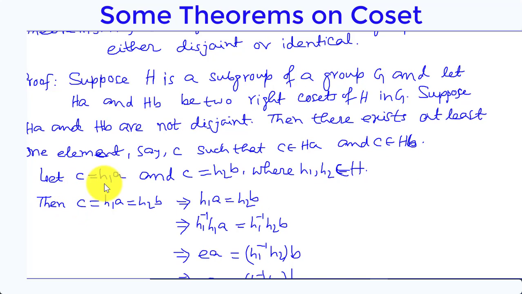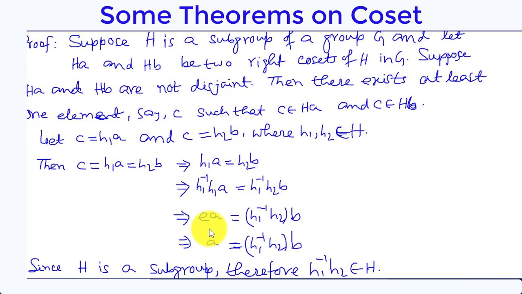Let c is equal to h1a and c is equal to h2b, where h1, h2 belong to H. Then c is equal to h1a is equal to h2b, implies that h1a is equal to h2b, implies that h1 inverse h1a is equal to h1 inverse h2b, operating both sides by h1 inverse, implies that ea is equal to h1 inverse h2b, since h1 inverse h1 is equal to the identity element e.